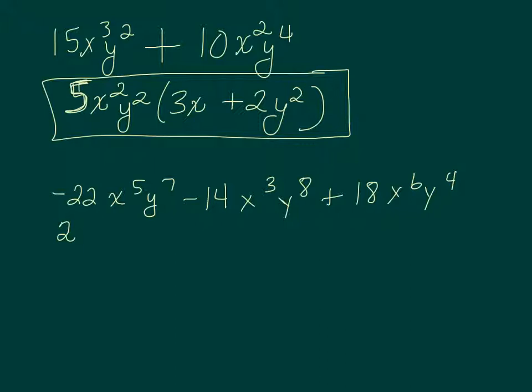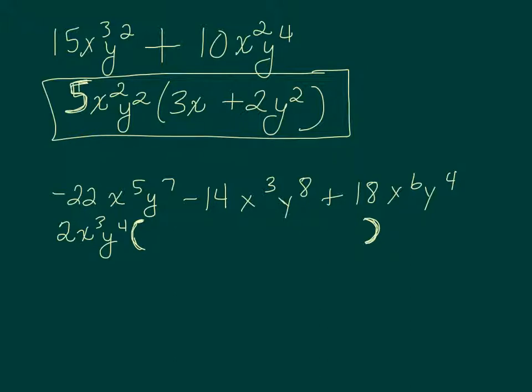What is the smallest x I have? The smallest x is x cubed, so I can take an x cubed out. And the smallest y I have is y to the 4th, so I can take a y to the 4th out. So in parentheses, I'm going to write what's left after I divide everything by 2x cubed y to the 4th.